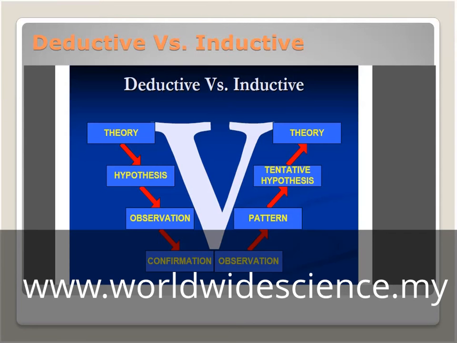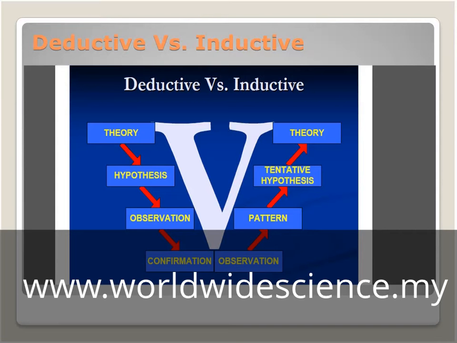I ask you to always have this slide in your mind. It doesn't matter that you memorize it. Just you should know that if you choose a theory first for your research, of course after that you should create a hypothesis and then observation and then confirm it, meaning that you conclude.